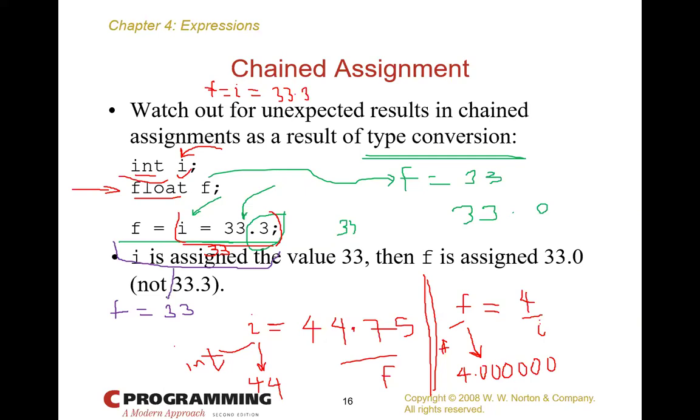Now, if we look at this, clearly it brings this example to our mind. That if we say a floating point is equal to an integer, then what we store in the memory of the floating point will be the floating point equivalent of the integer. So it means it's going to be the floating point equivalent of this.